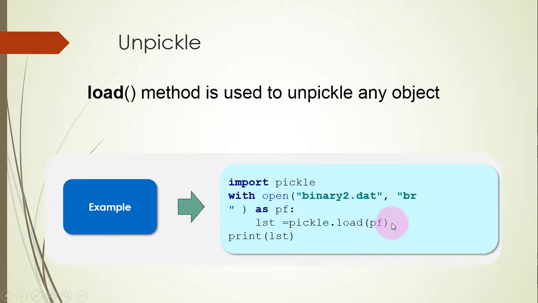So what it does, it loads the file into memory, fetches some of the data and moves the pointer forward, and then this data is stored in our list, which is printed with the help of a print statement. Let's do this in our IDE.